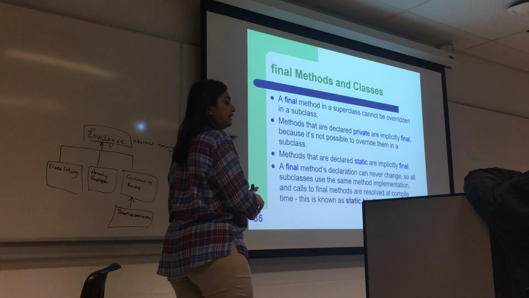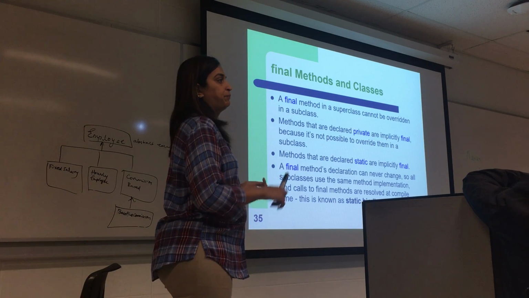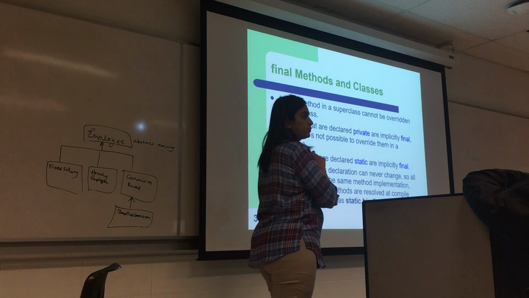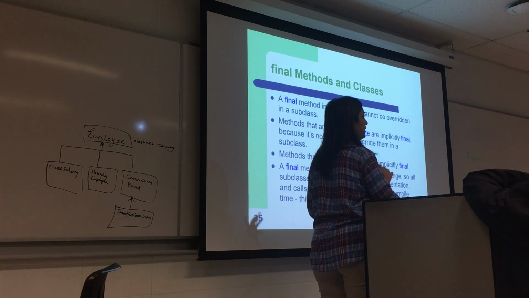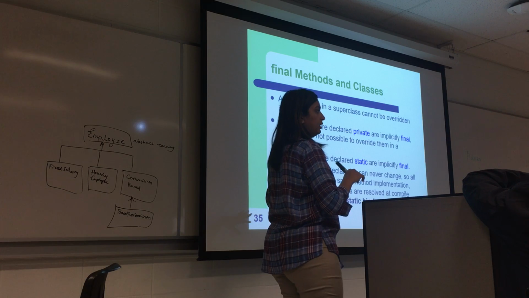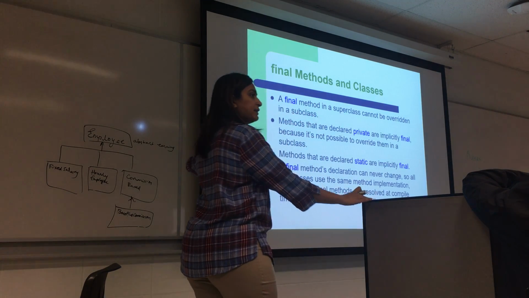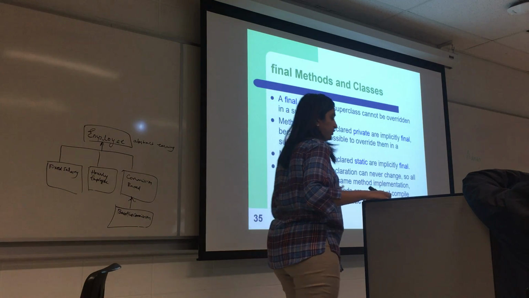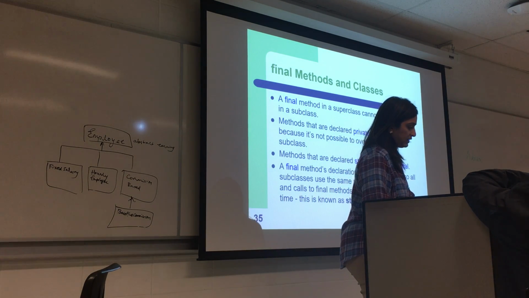So if these kinds of methods are called, the compiler knows they are taken from the superclass. That kind of binding is static binding because the compiler knows at compile time itself which method needs to be called. So this is again an example of static binding.